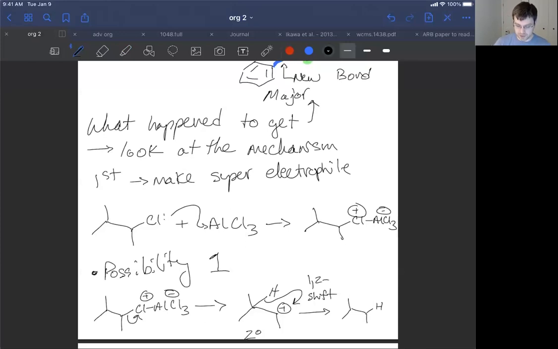In its wake, it left behind a positive charge at this position. This positive charge is now at a tertiary position. So we go from a so-so stable carbocation in the secondary position to a tertiary carbocation, all by letting that hydrogen move from one position over to another. It just walks across the molecule, okay?